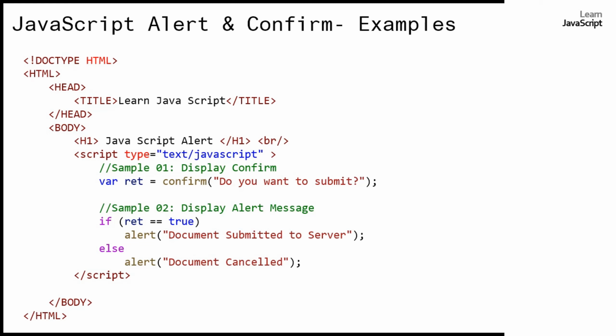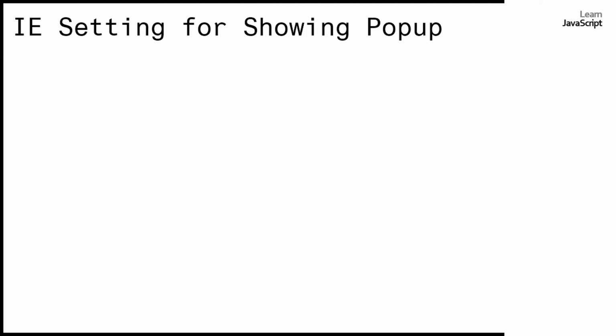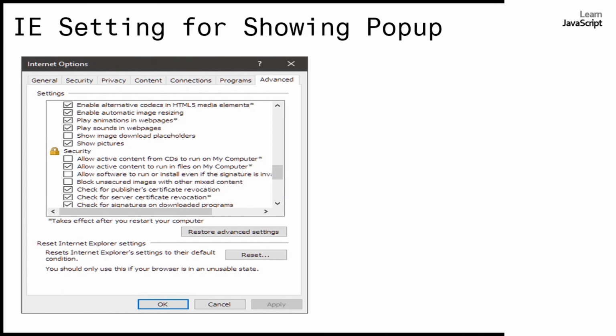Now we will execute this in IE and see how it works. Before that, we will look at an IE setting. Chrome displays these alert messages, but IE by default won't display, or it will prompt each time in the bottom of the screen that a script wants to show a pop-up.